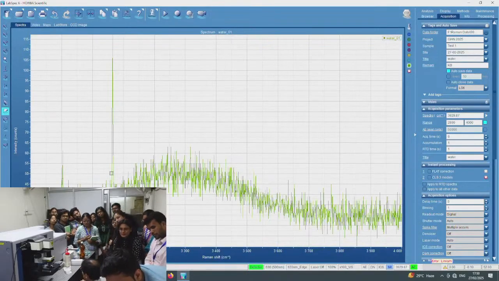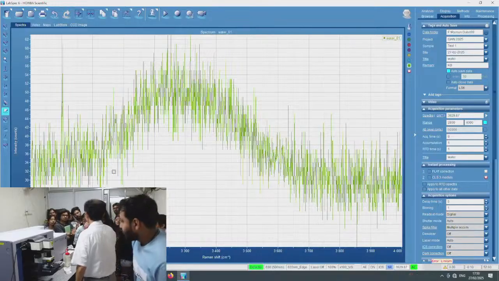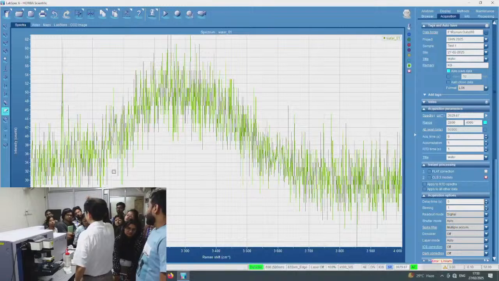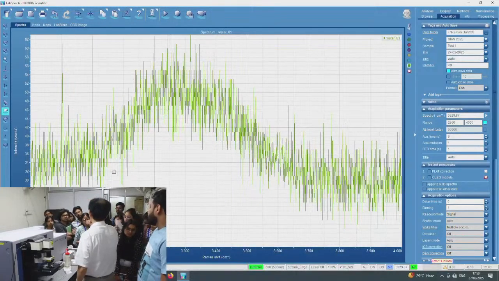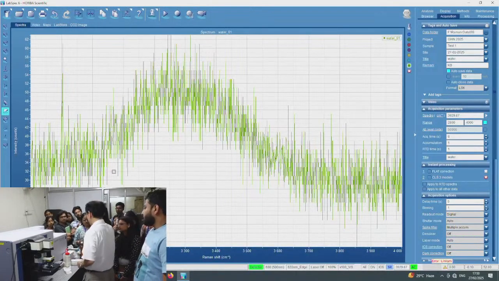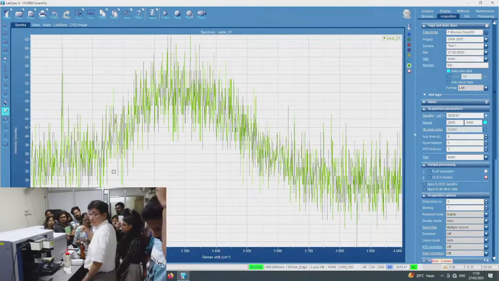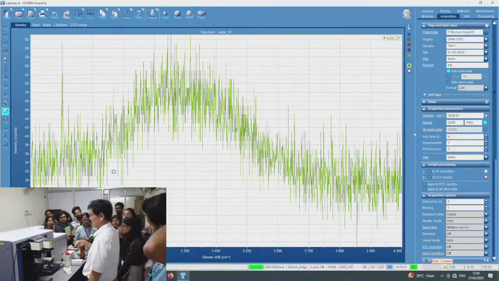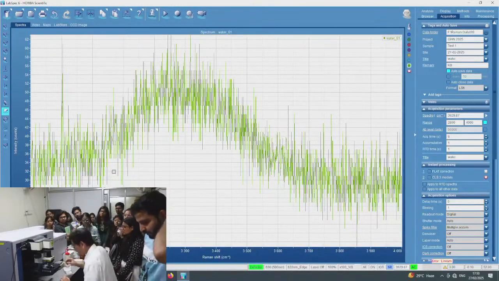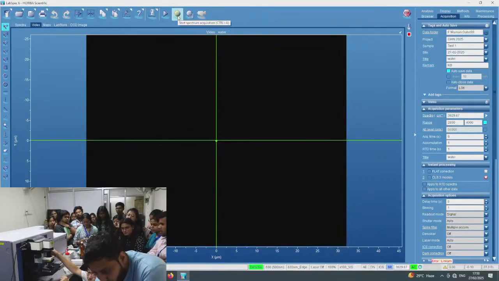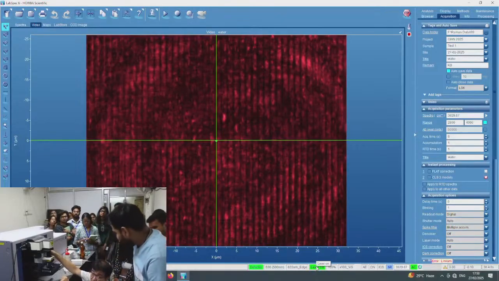This is typically due to cosmic rays. Some energetic particle comes from the sun or somewhere in space and goes through the CCD detector, then a strong signal appears. Aha, this is good.